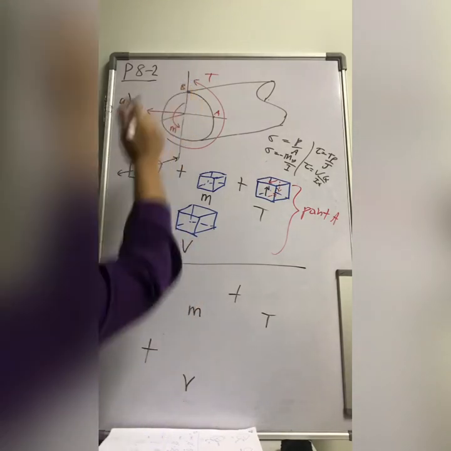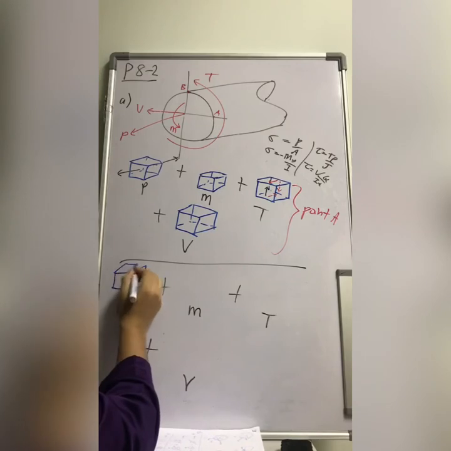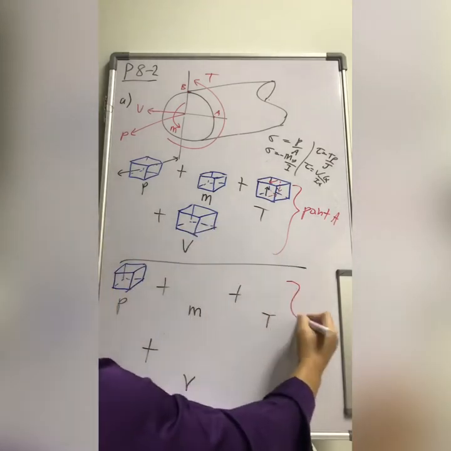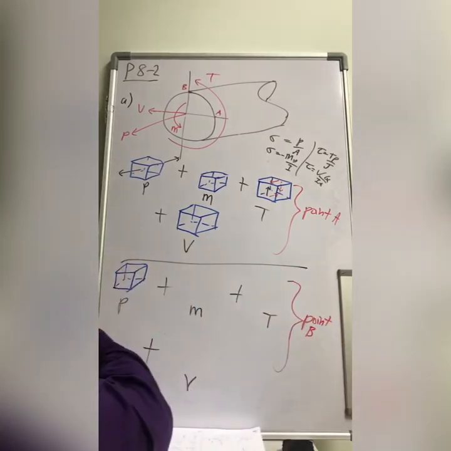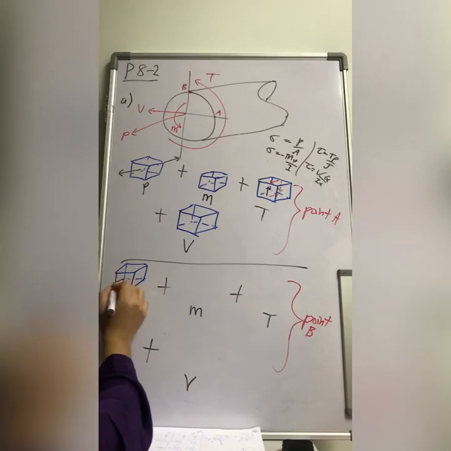So again, for B, this is the surface, right? Okay, this is the surface, and then you draw the cube, right? Do you have stress due to P at point B? Okay, this is point B. You have stress due to load P, of course, like what we discussed previously, alright?